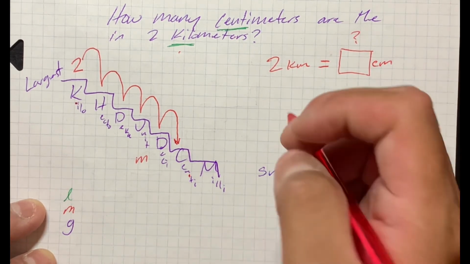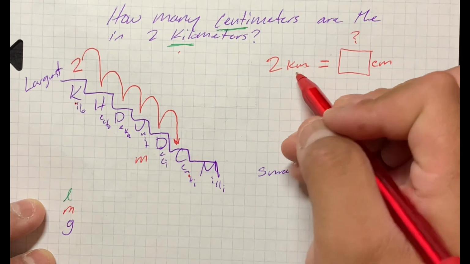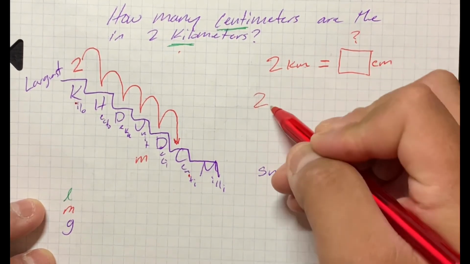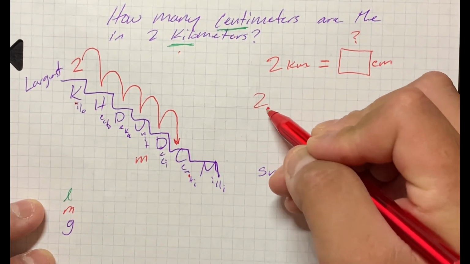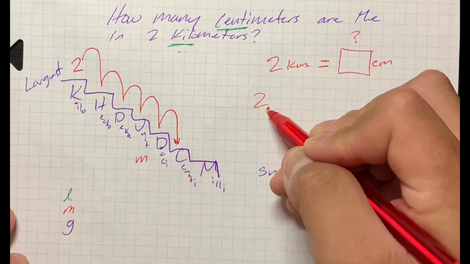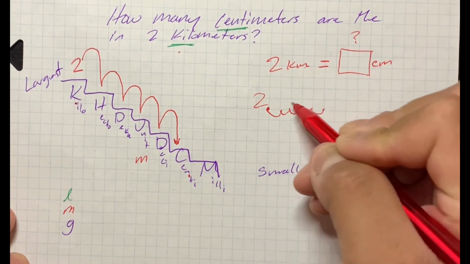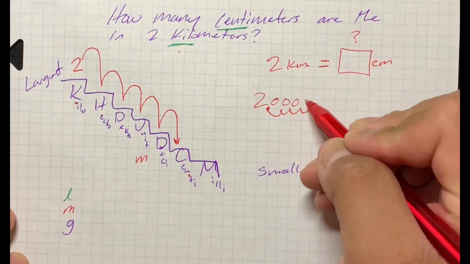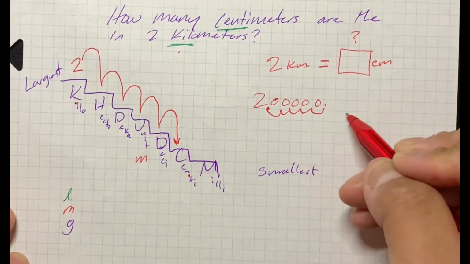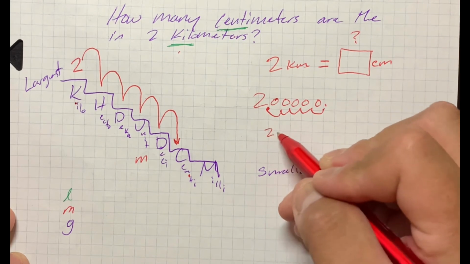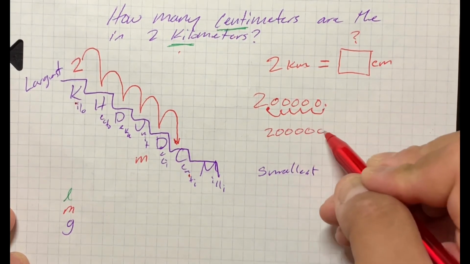Okay. So what that means is that with 2 kilometers, the decimal point is always to the right side of that whole number. We're going to move it to the right 5 times. 1, 2, 3, 4, 5. And then we annex zeros here. Okay. So that would be 2, 0, 0, 0, 0, 0.